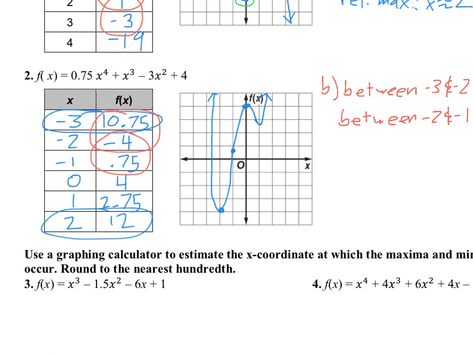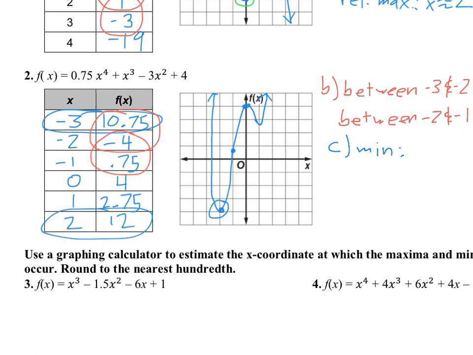All right, now we have to estimate where the maximum and the minimum, or the relative max and min, are. So there is no maximum because both arrows go up. We do have a relative minimum down here. Actually, that's an absolute minimum because it never goes lower than that.